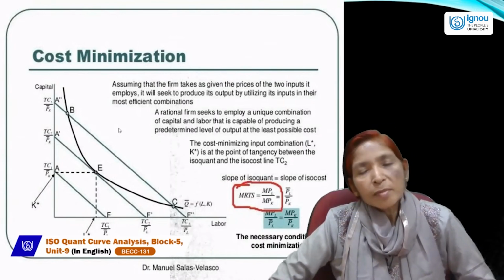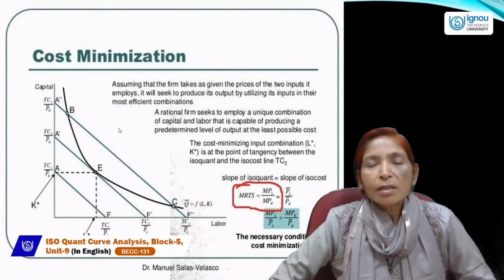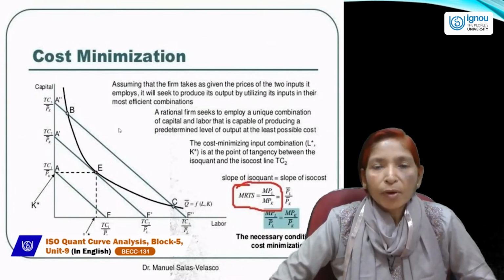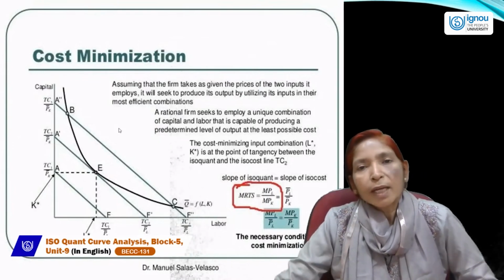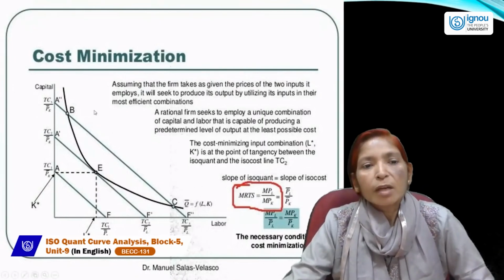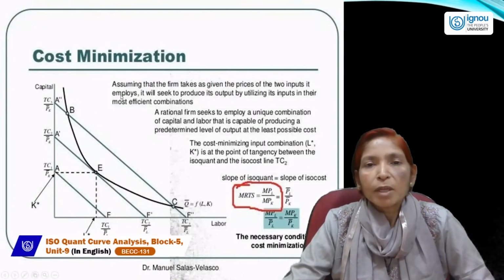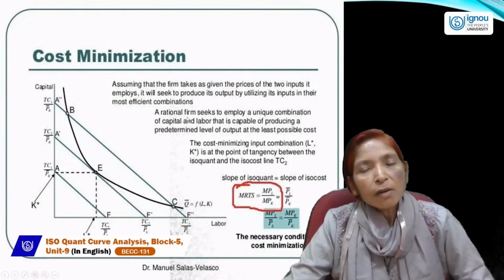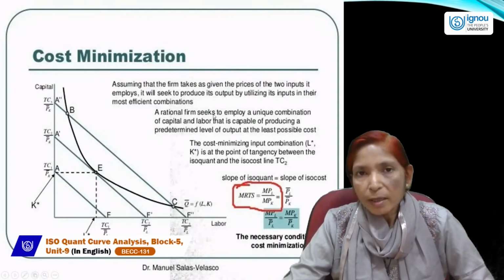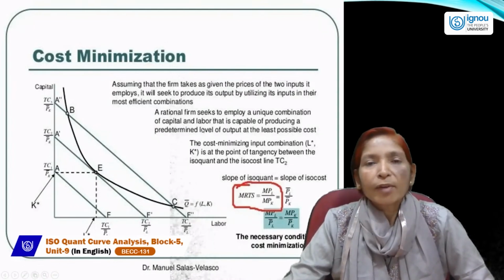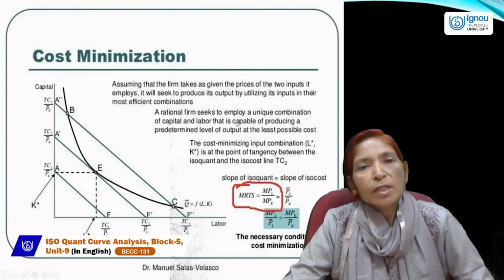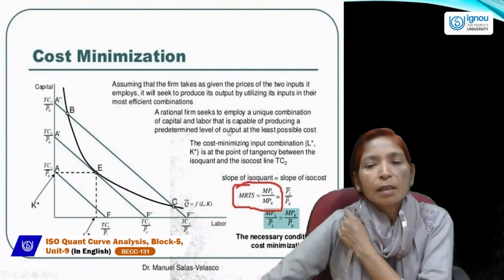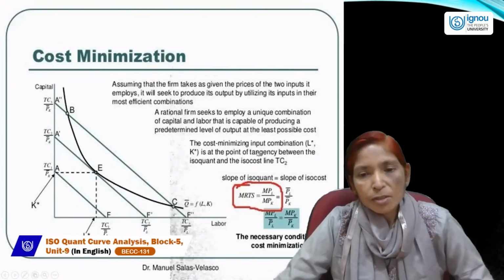Assuming that the firm takes as given the prices of the two inputs it employs, it will seek to produce its output by utilizing its inputs in their most efficient combinations. A rational firm seeks to employ a unique combination of capital and labor that is capable of producing a predetermined level of output at the least possible cost.